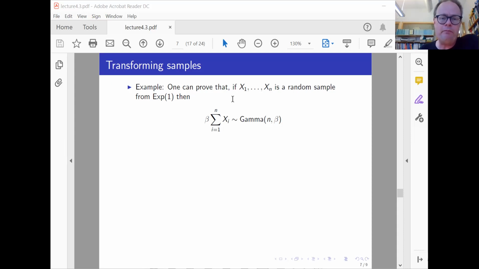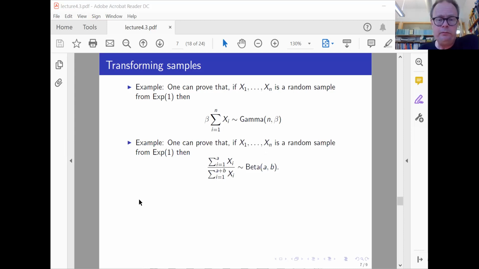One example is that you can prove that if this is a random sample from the exponential distribution with parameter 1, so we just saw how to simulate from this, then if we take the sum of these and multiply with the beta, this is gamma distributed with parameters n and beta. So now, building on the exponential distribution, we can simulate gamma distributions, at least where this first parameter is an integer.